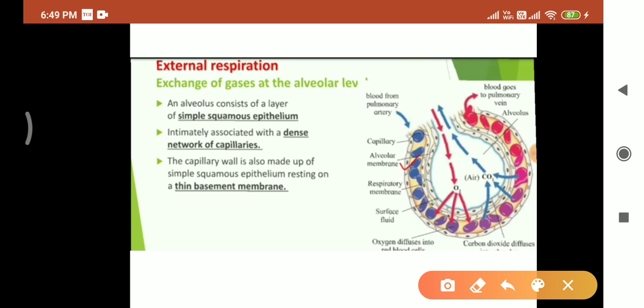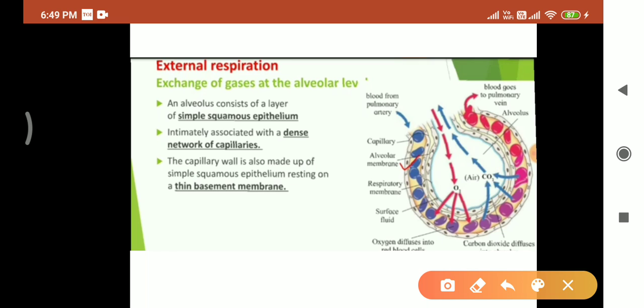What is squamous epithelium? In 11th standard you have already studied animal tissues, where you saw that different tissues are present inside our body. The first type of tissue is epithelial tissue, and epithelial tissue also has 5 types. In that, we study here the function of simple squamous epithelium.